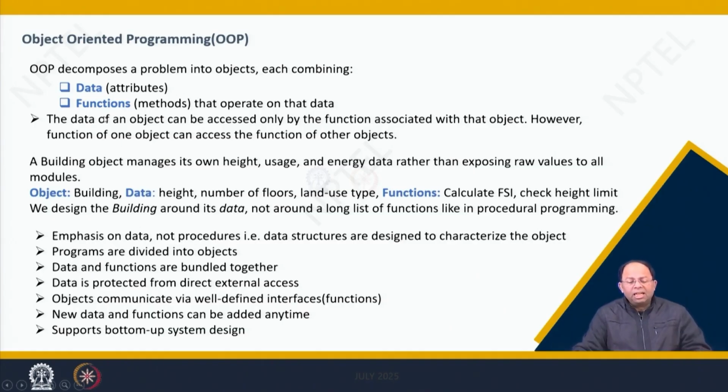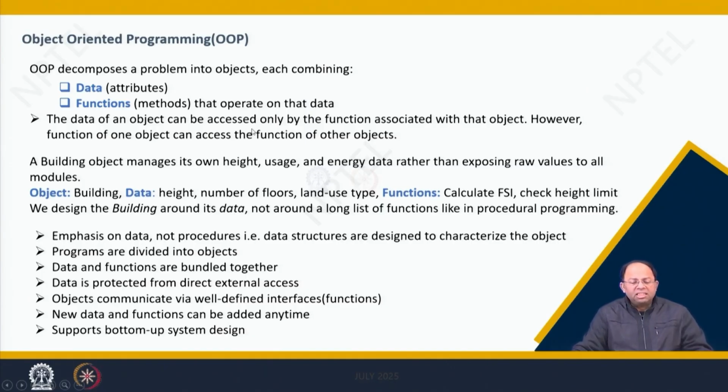The data of an object can be accessed only by the functions associated with that object. It's like the data is local and we are able to utilize that data within the function. No other object or other line of code can directly access the data within my particular object, right?